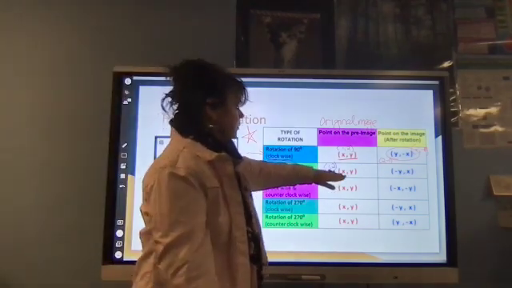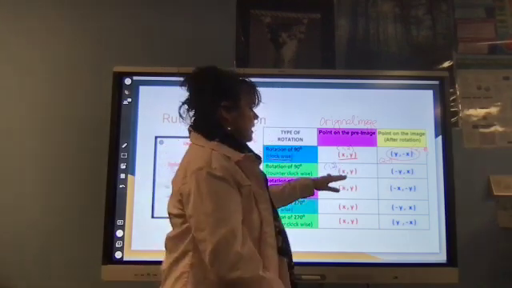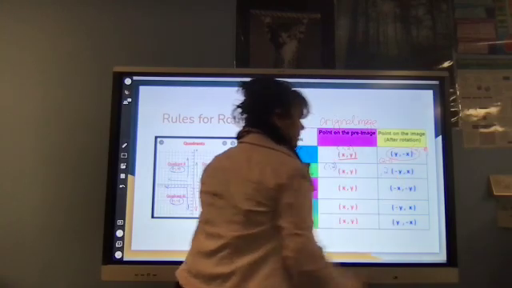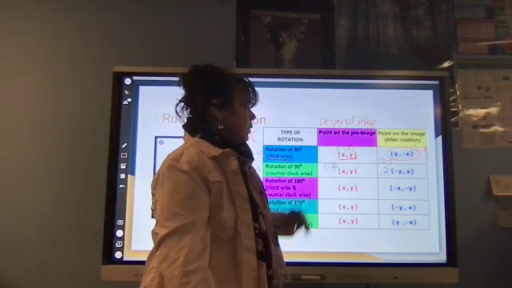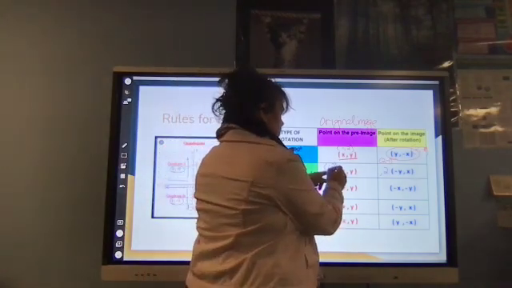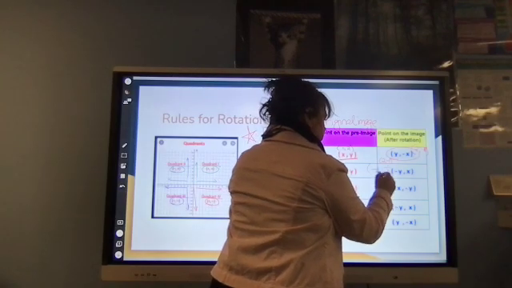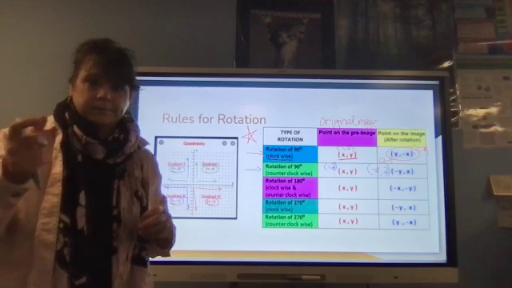So following our pattern, we put x in the y spot, and we're going to have negative y as our new x value. Our original y was 2, so it's going to be negative 2, 1. That would be our image point.